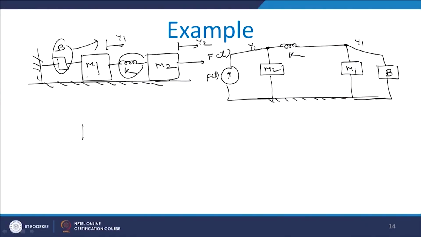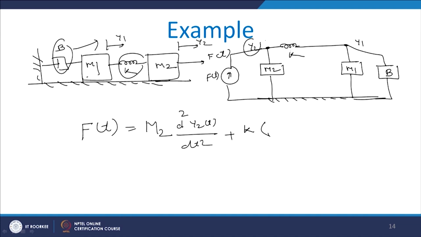So here we write down the equation as f of t equals mass m2 d square y2 of t by dt square plus k times y2 of t minus y1 of t. So here we get equation number 1.